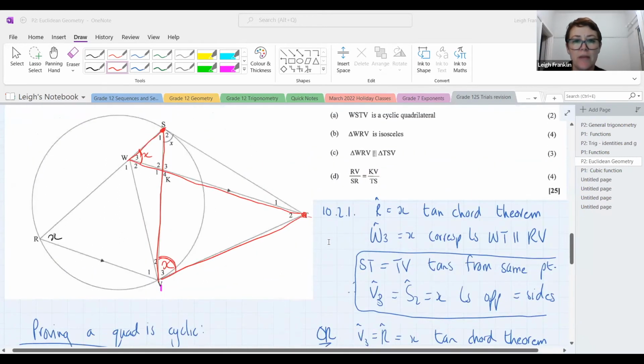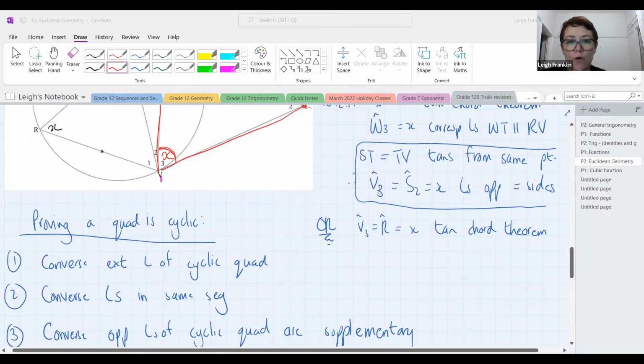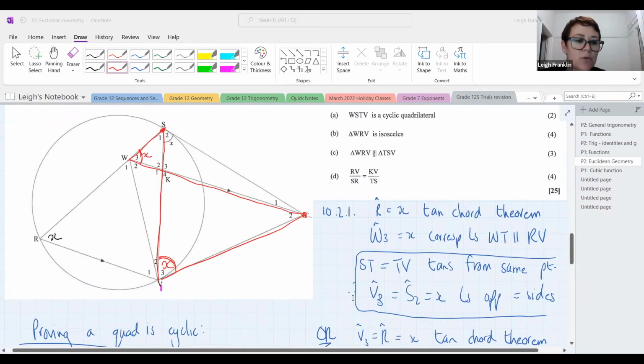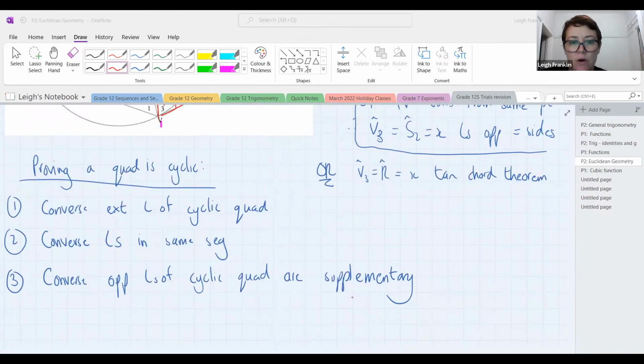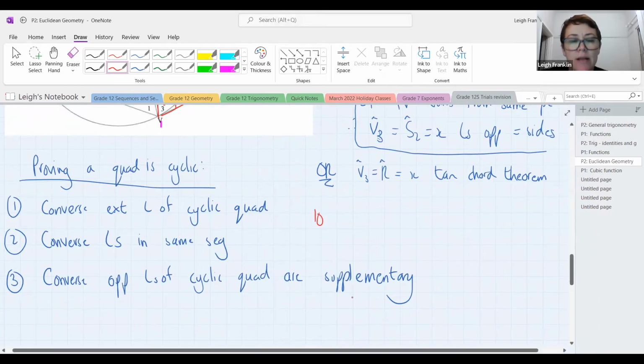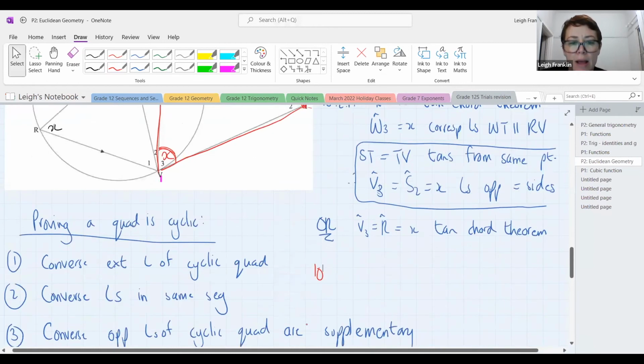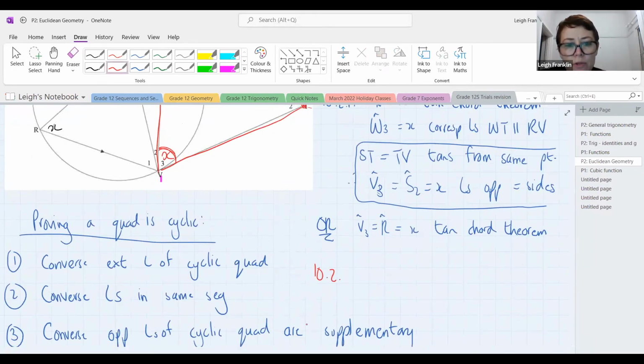All right, so let's put that down on paper. We already have from 10.2.1 that W3 and V3 are X. Okay, so in 10.2.2a, we can say W3 equals X and V3 equals X, proved above.